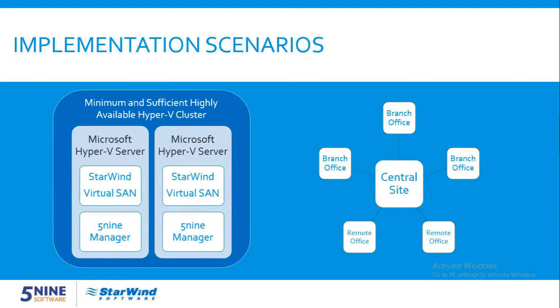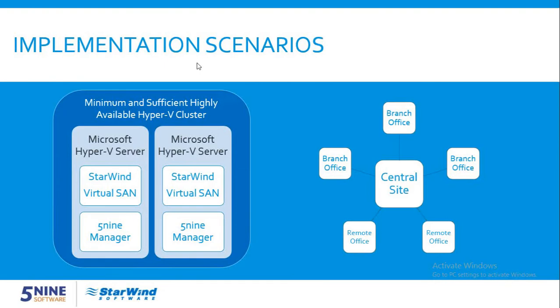That allows you to cut costs down, and this scenario is also called a ROBO scenario, right? Remote office, branch office, and having capabilities of running highly available Hyper-V clusters within these offices is certainly a great setup.